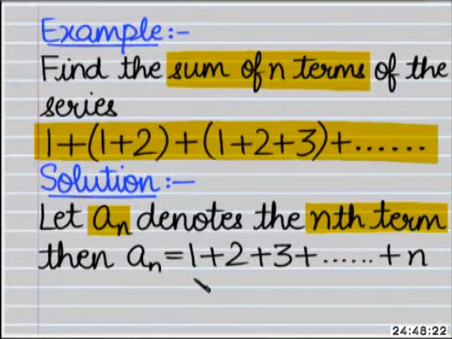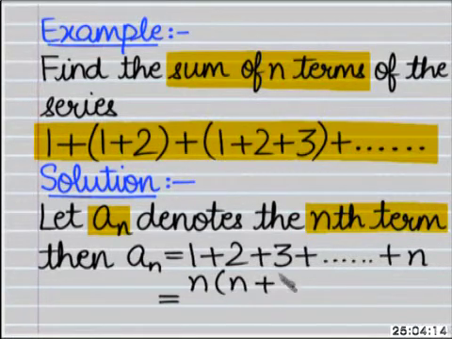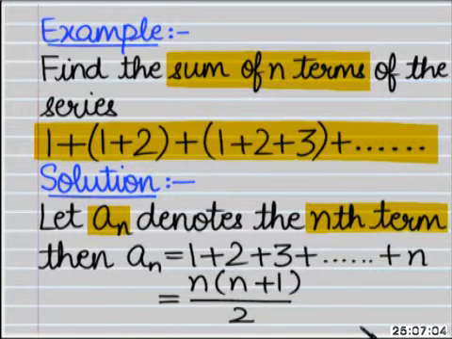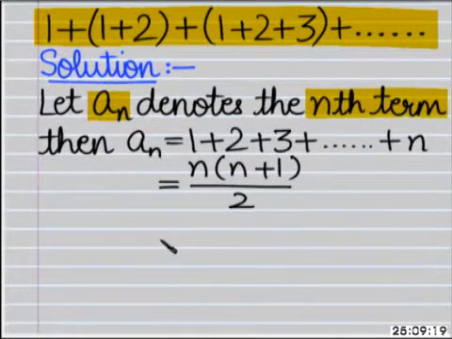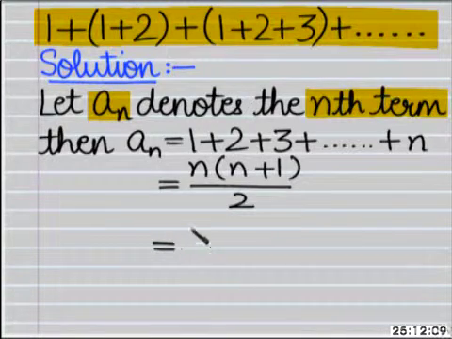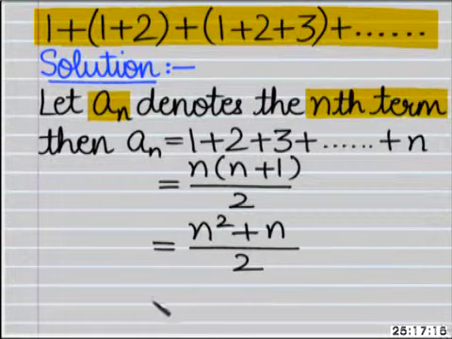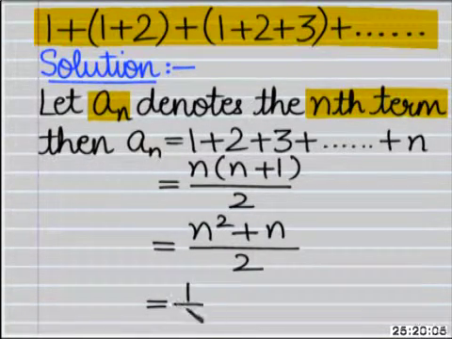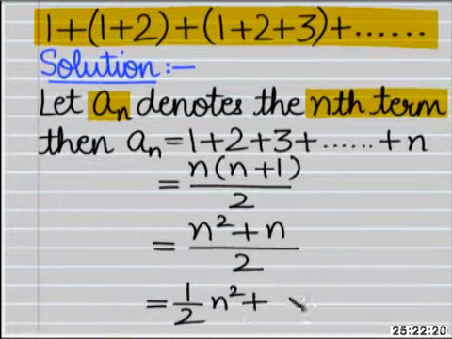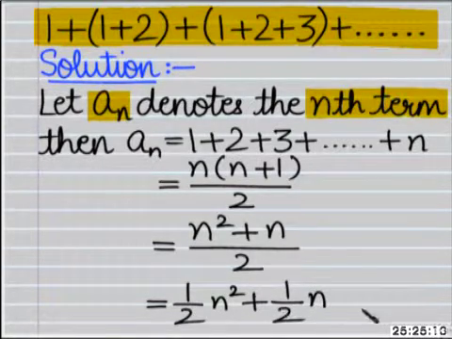Now, as we know that sum of first n natural numbers is equal to n into n plus 1 whole divided by 2. So, the nth term an is further equal to n into n plus 1 whole divided by 2, which is further equal to n square plus n whole divided by 2, which is equal to 1 upon 2 into n square plus 1 upon 2 into n.